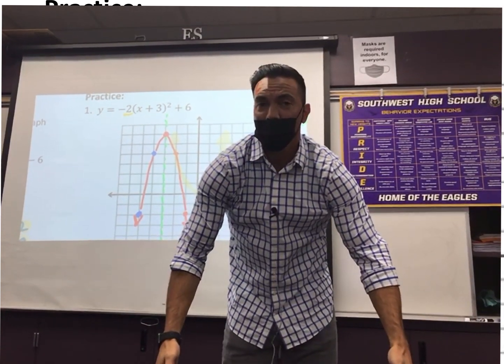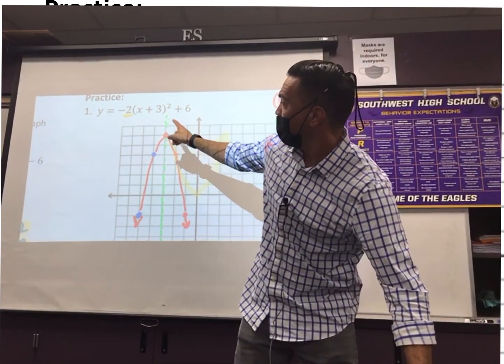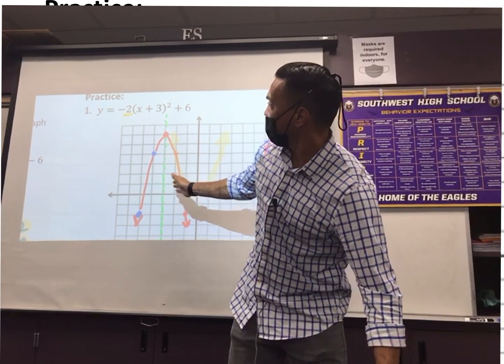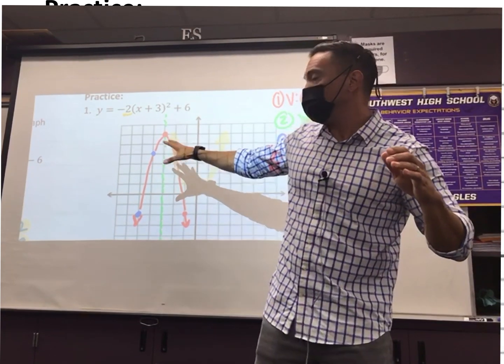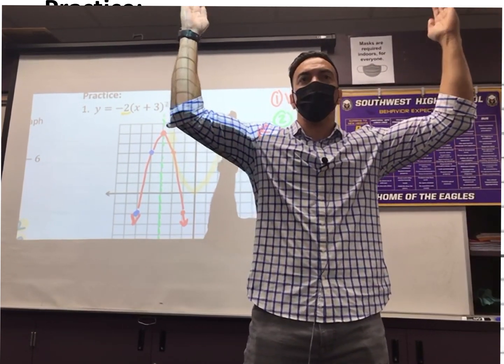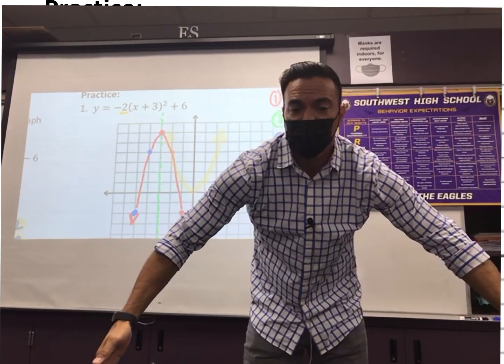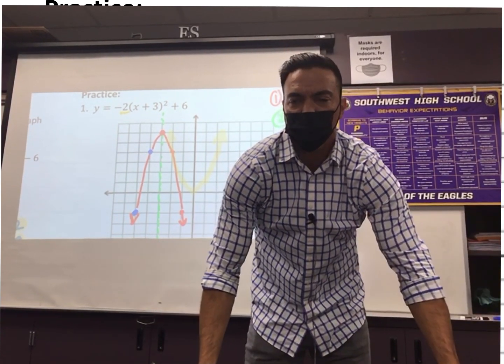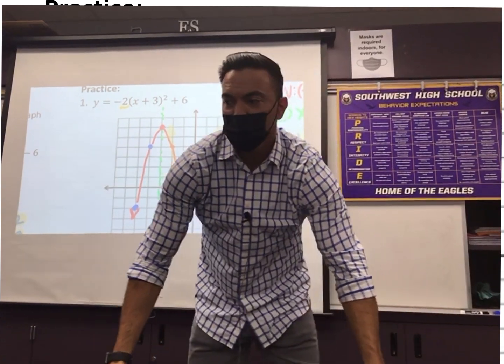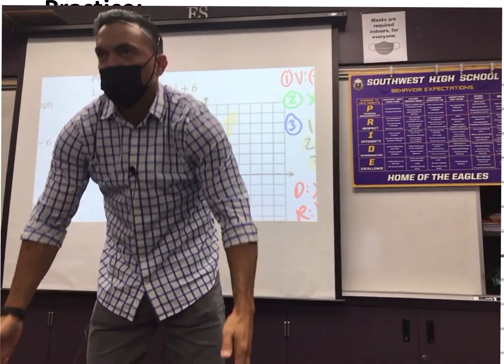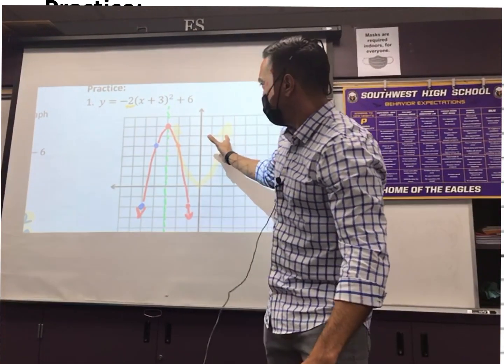It got narrower. And then you look at your h, k, which means that it shifts 3 to the left and 6 up. So again, the whole transformation from the beginning to this new graph is: the negative sign means it gets reflected over the x-axis. The number 2 causes a vertical stretch, and we say by a factor of 2. And then it gets shifted 3 to the left and 6 up. And that's how we get from the original to this new one.